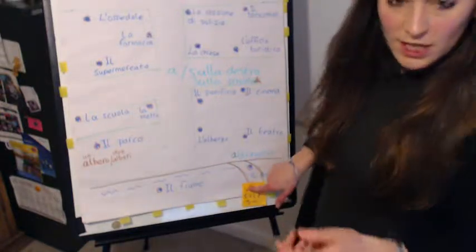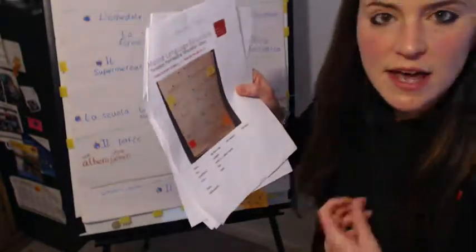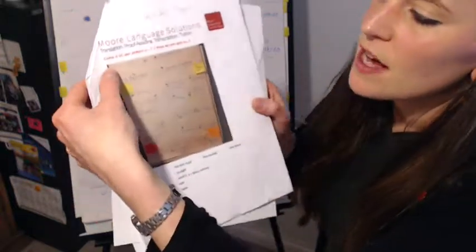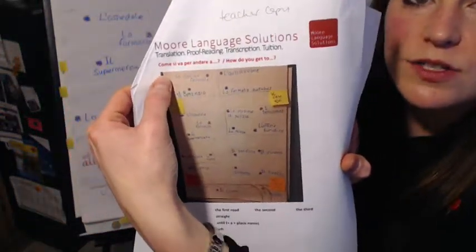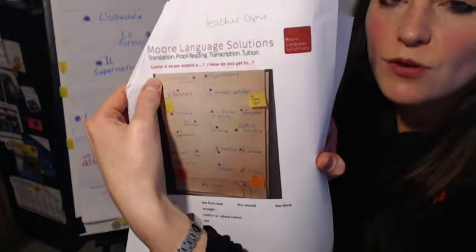So we're asking someone here, imagine we're on this bridge, and this is what we say. So up at the top of this sheet it says there, come si va per andare a? How do you get to? Come si va per andare a? How do you go in order to get to? So how do you get to somewhere?